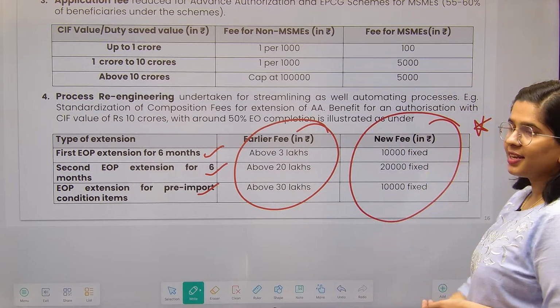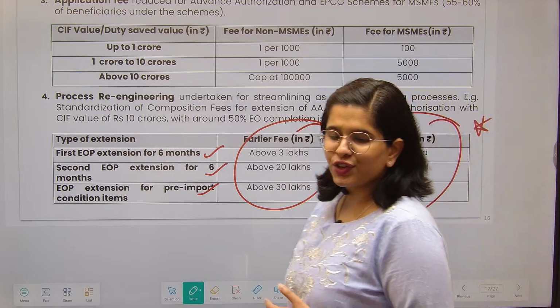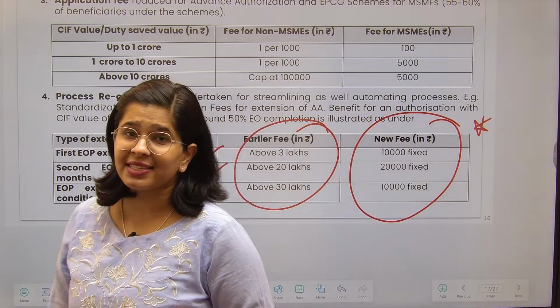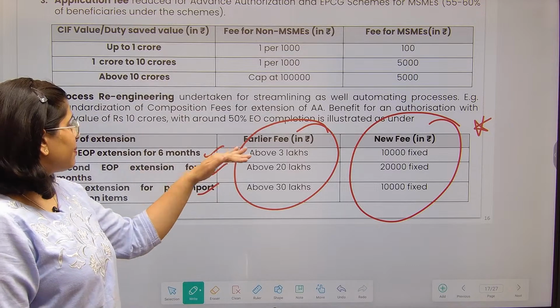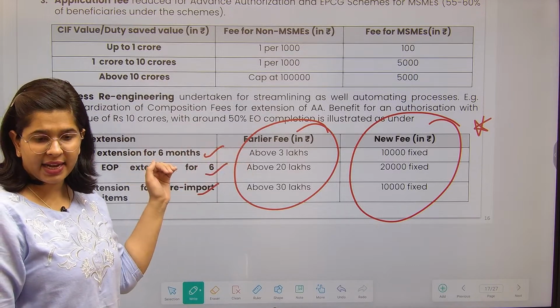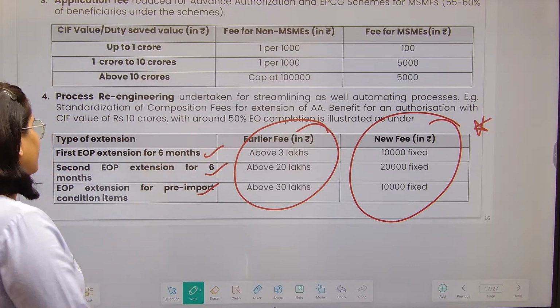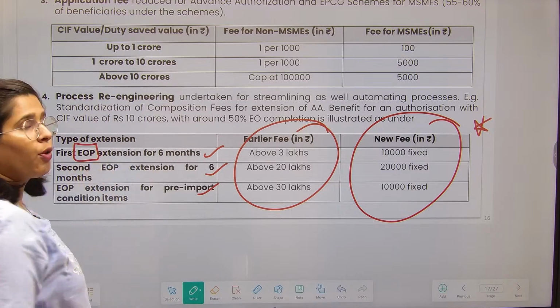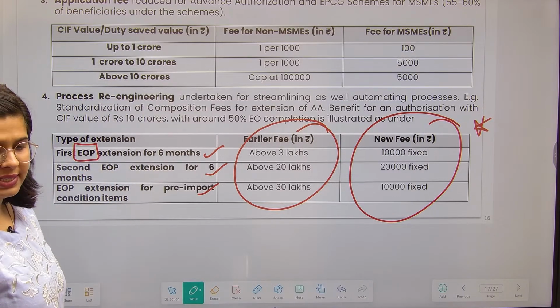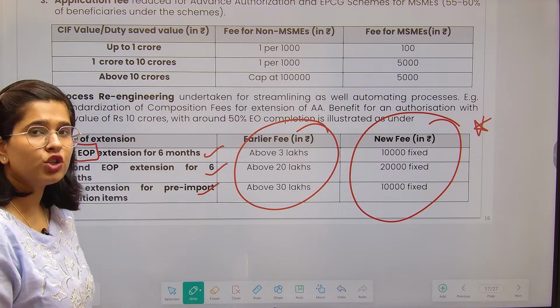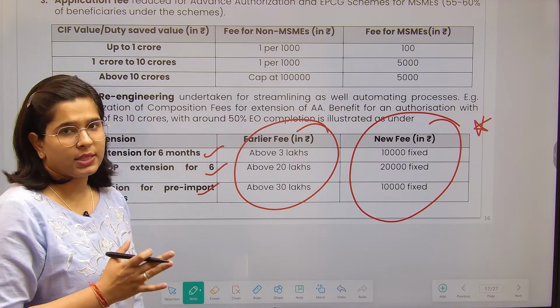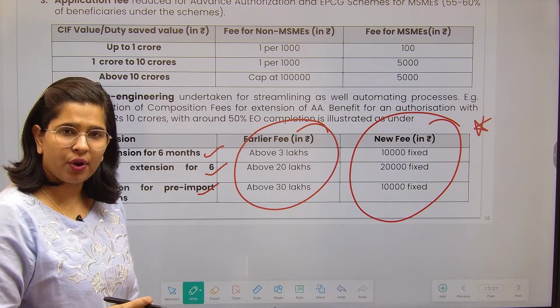Don't you think it is a high level of ease of doing business approach that the government is giving us? Earlier government was demanding that if you want to extend your export obligation period, what is this EOP? Export obligation period. That's what I said, that within 6 years you have to do the export, correct, and earn foreign exchange.